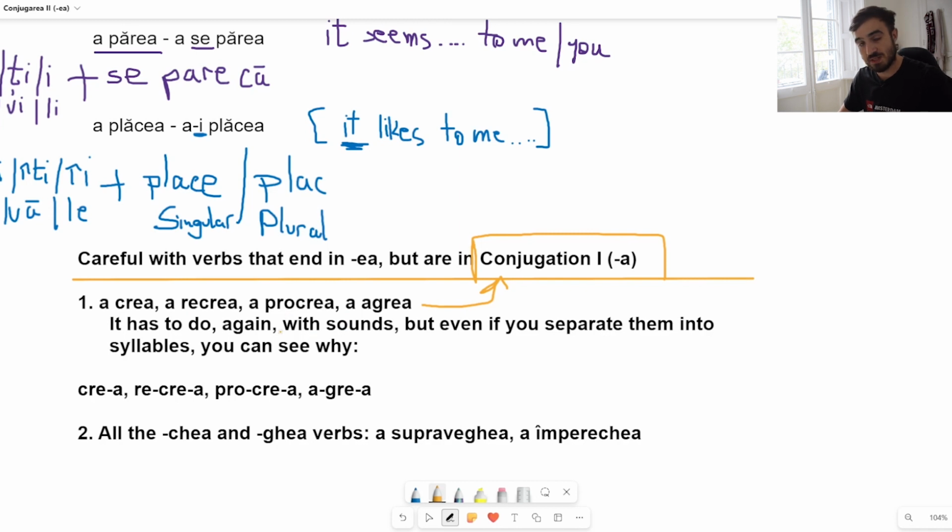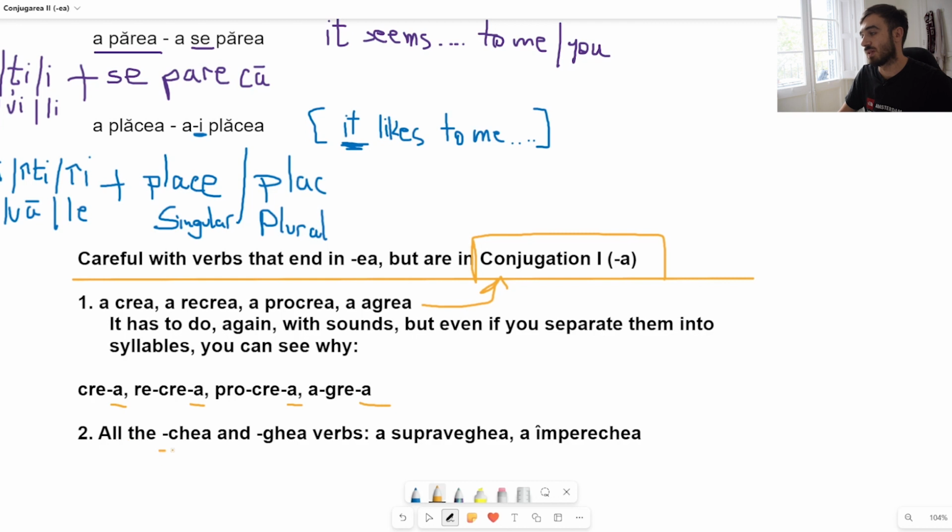That's maybe the easiest way to think about it. If it's split into syllables like crea, recrea, procrea, agrea, yeah, because this is the way of splitting it into syllables, you will get the A that decides in which conjugation we are in.